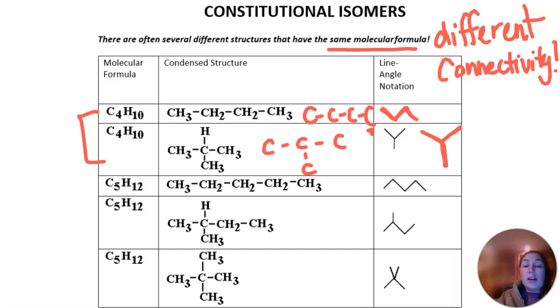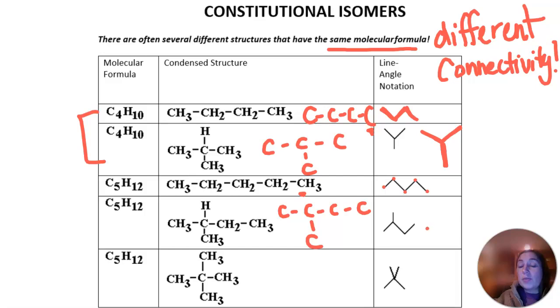What about C5H12? Well, again, you can have this straight chain, 5 carbons all in a row. So you would have 4 lines in your line angle, 1, 2, 3, 4, 5 total carbons. But again, you could take one of these off the end, and then if you had 4 carbons in a row, you could put a carbon coming off of the second carbon and have a branch.